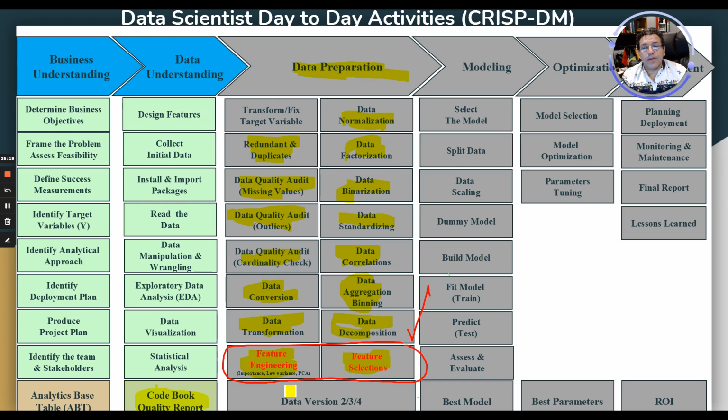They are very, very important. And believe me, it is going to consume up to 70% of your time. 70% of your time is going to go on business understanding, data understanding and data preparation.